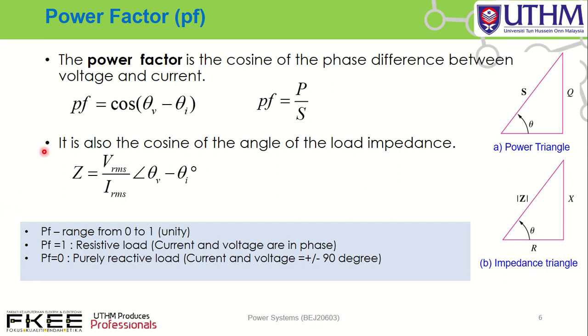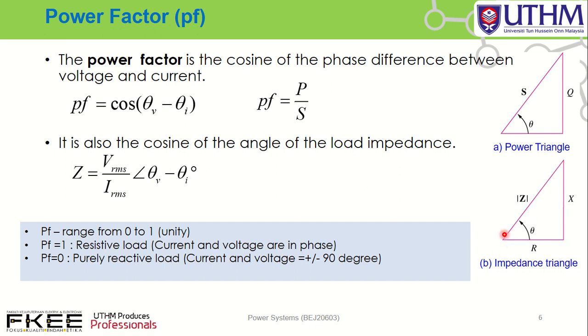Power factor is also the cosine of the angle of the load impedance. We can determine the power factor based on the angle of Z, because Z equals Vrms over Irms, with angle theta V minus theta I. This is the impedance triangle of Z: this is the resistance, X the reactance, and the impedance.